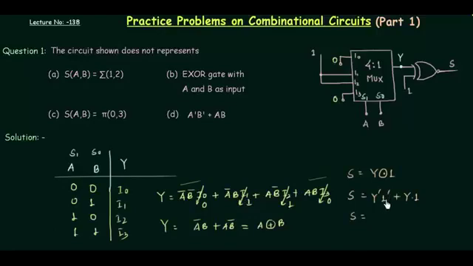Now you can see that 1 complement gives us 0 and the AND operation with 0 is 0. So 0 or Y, and it is equal to Y. So S is equal to Y and Y is A XOR B. So S is simply A XOR B, or I can write it as A complement B or B complement A. So this is what we have to find out in this problem.